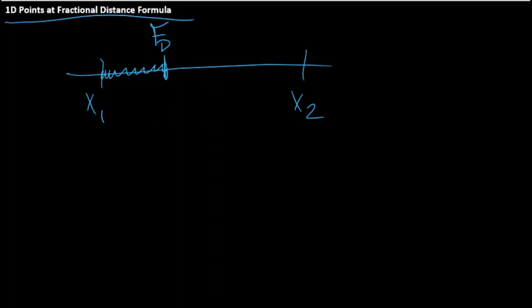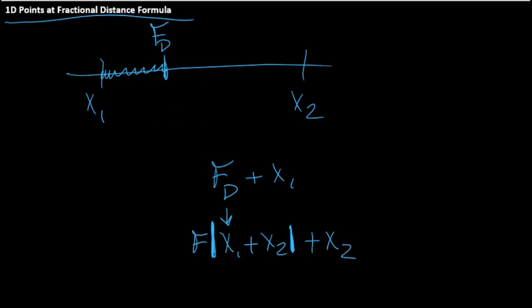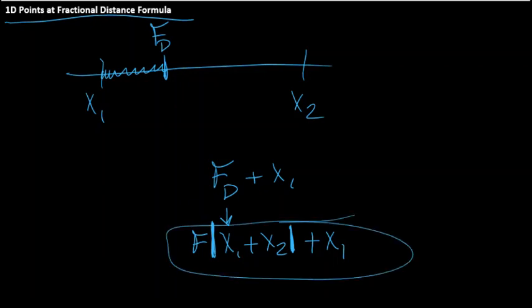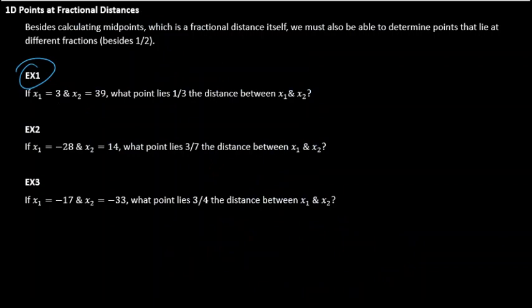You're literally just adding your fractional distance to your start point. Your fractional distance comes from taking whatever fraction you're multiplying by times your actual distance itself. So this looks like some crazy algebra right here, but it's really not that bad. Oops, wrote the wrong number down. That should be a 1. Anyway, this is all we're doing. This would be our formula here, right? So let's try it on a few more examples and make sure that it works.